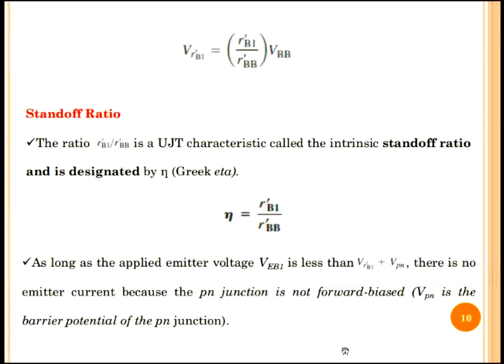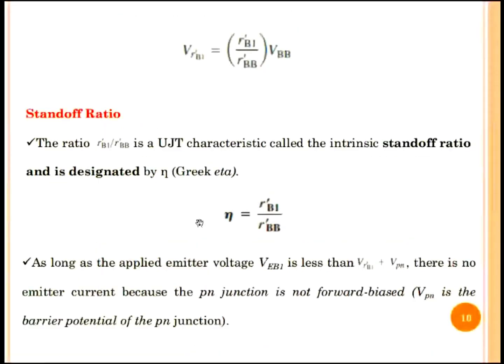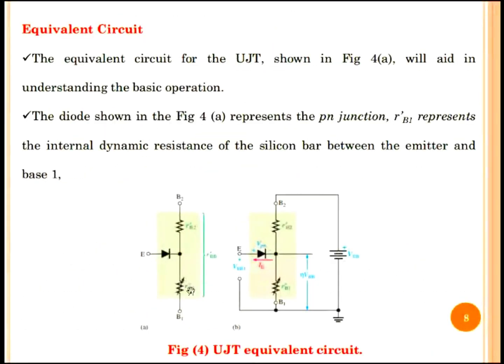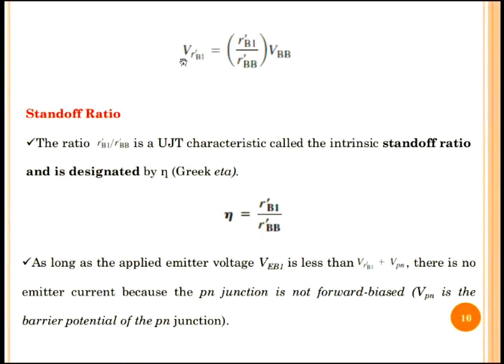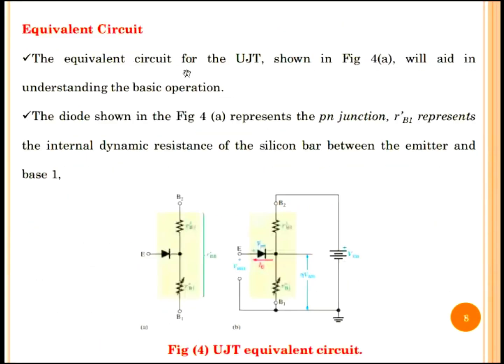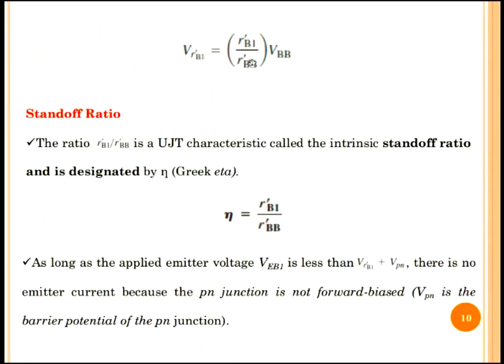So if you want to measure the voltage across any resistance, either R'B1 or R'B2, we can use this relation. The voltage across R'B1, the first resistor, which is between the emitter terminal and the base 1 terminal, will be R'B1 divided by R'BB.